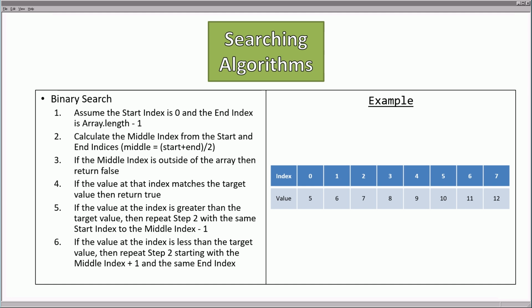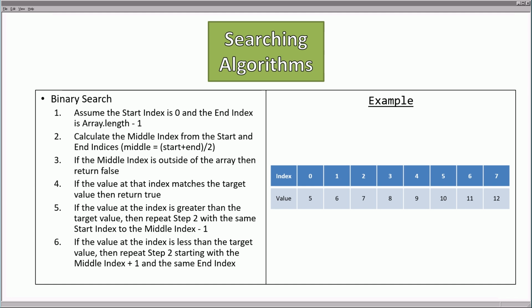Then you compare that middle value to the target value that you're looking for. If the target value is less than that middle value, then only look on the left-hand side of that value. And alternatively, if the value that you're looking for is greater than that middle index value, then look at the greater side, the right-hand side of that array.